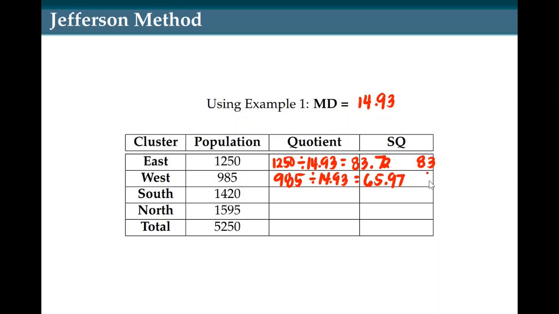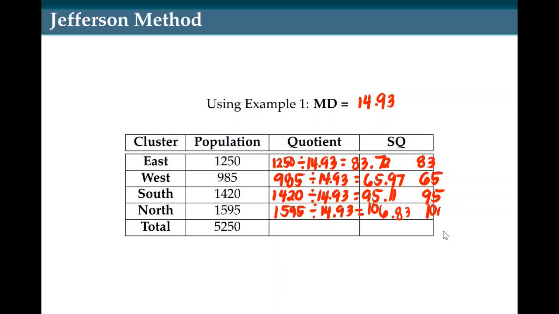So the standard quota is equal to 65. 1,420 divided by 14.93 will give us 95.11. So this is 95. 1,595 divided by 14.93 will give us 106.83.